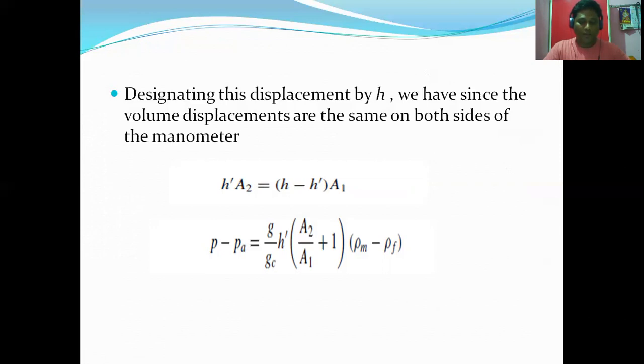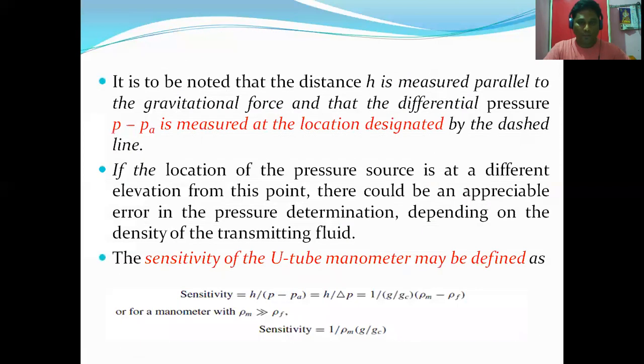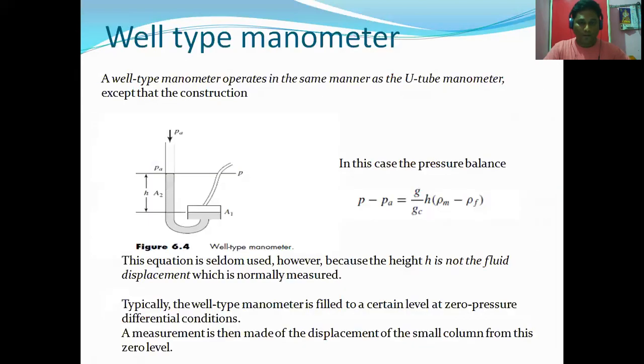So the indicated value is substituted for h in the equation where P minus PA is equal to G divided by GC h of PM minus PF.